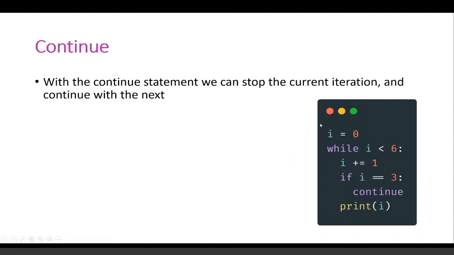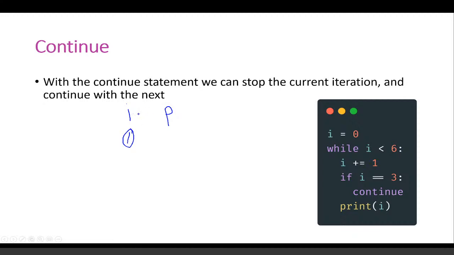Right? So if we examine this series of statements here, we can look at it in three ways. We can look at it as what the value of I is, and whether or not I will be printed. So the first time through the loop, we seed our I at 0. So the first time through our loop, the value of I is 0. And I is not equal to 3 here, although we're incrementing it here.